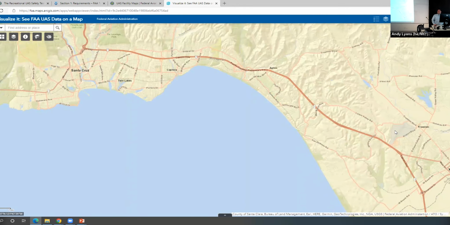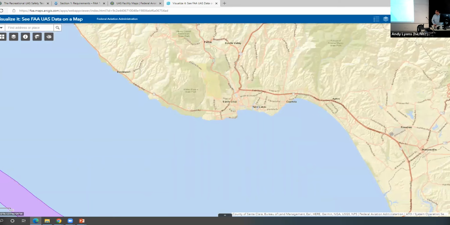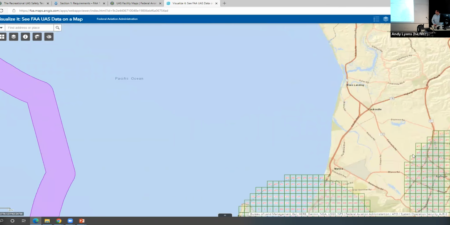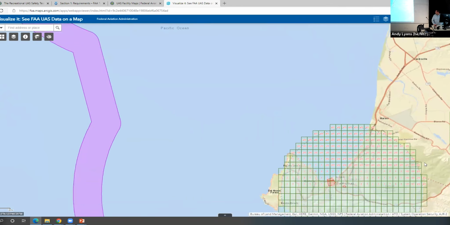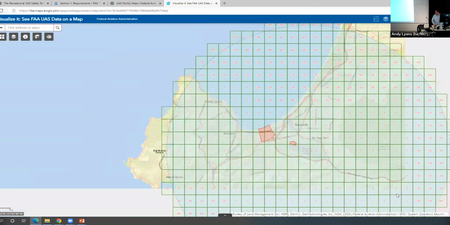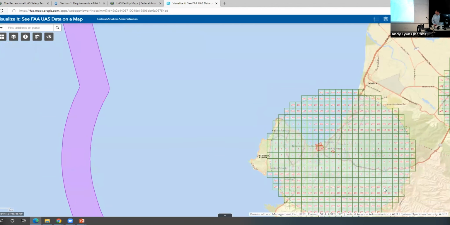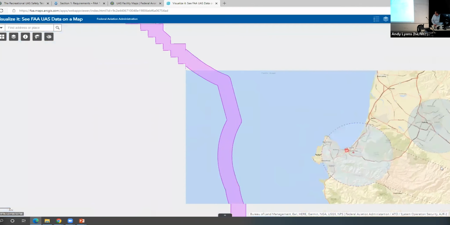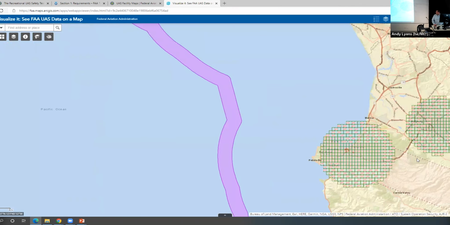At the Monterey Airport, there's that box. Oh, this dotted red? Okay. So what does this dotted red region mean?